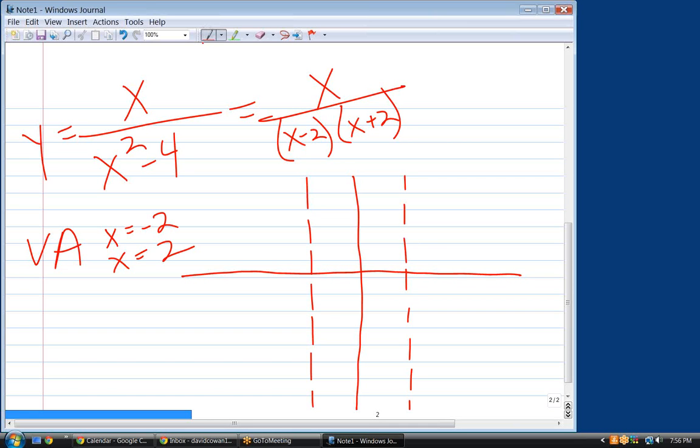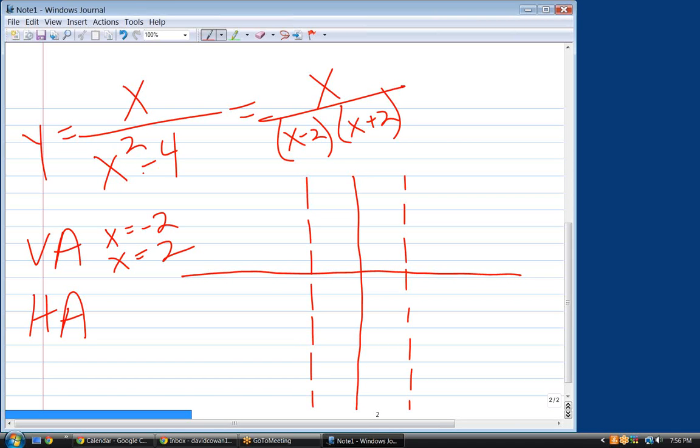Okay? What's the horizontal asymptote? There's 3 different scenarios for calculating horizontal asymptote. One is when the degree in the denominator is larger than the degree in the numerator, the highest degree.